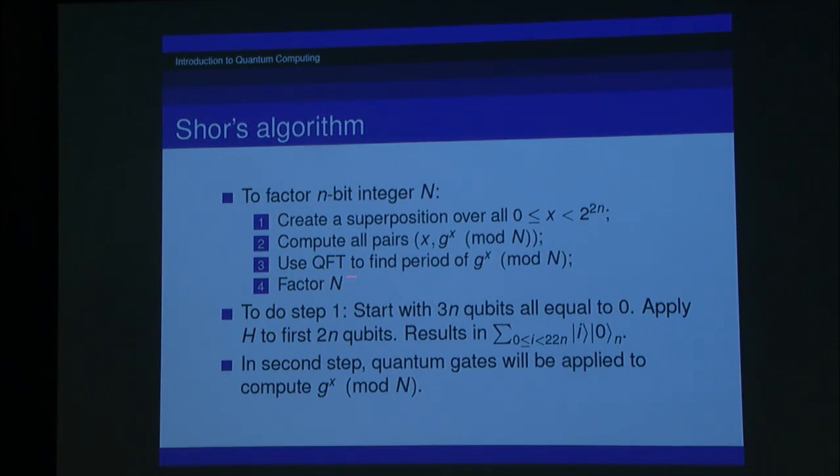And then in the last step, use the quantum Fourier transform to find the period of g to the x. Okay? So step 1 is you start with 3n qubits, all 0, apply H to the first 2n qubits, and you get 2 to the 2n states. And then in the second step, you just apply quantum gates to compute g to the x mod n.